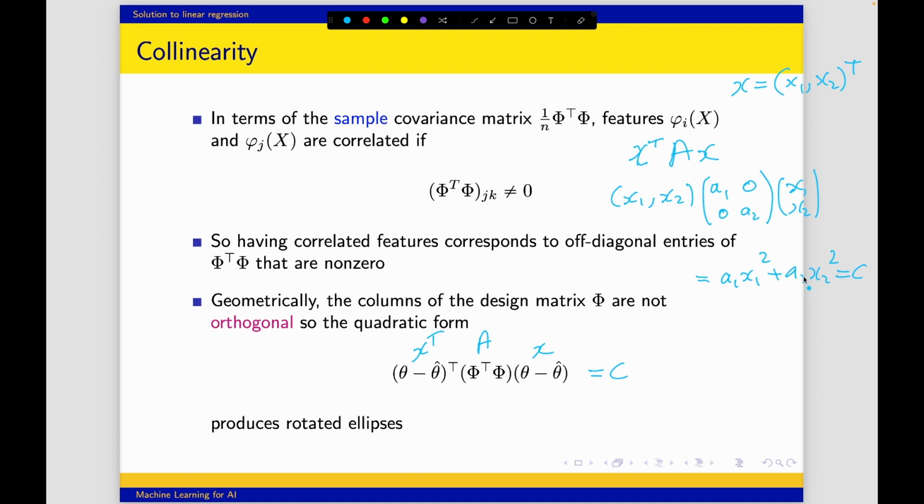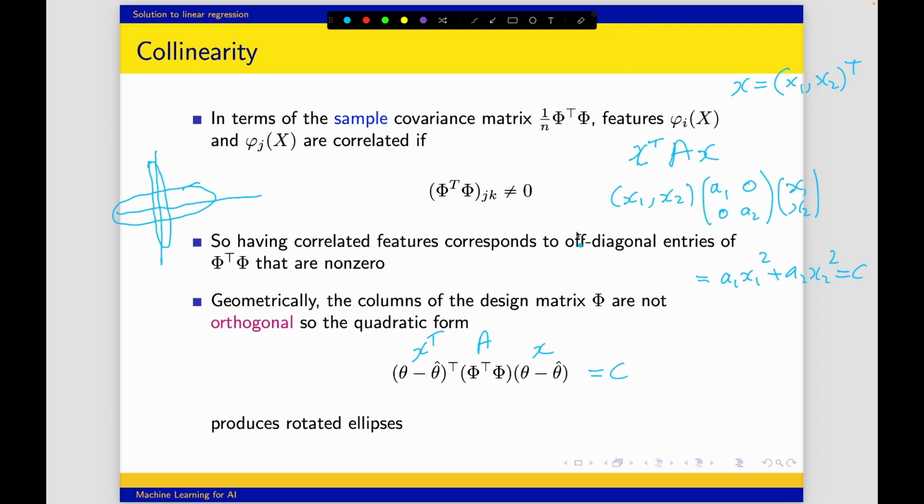If a1 is not equal to a2, we'll get an ellipse. What kind of ellipse will we get? We'll get one that is aligned along the axes. So it will look like this, or it will look like this.